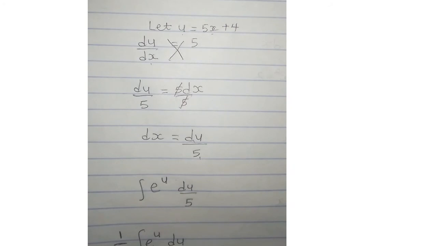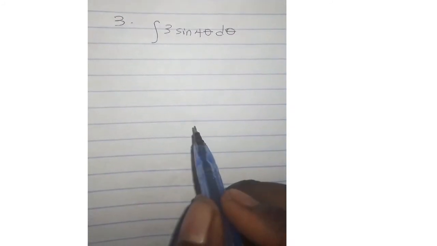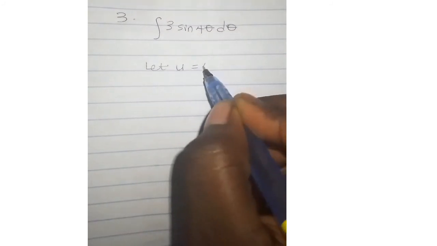So I'm going to take another example. Given the integral of 3 sine 4 theta d theta. Now we're asked to integrate this function, so I'm going to say let u be equal to 4 theta.